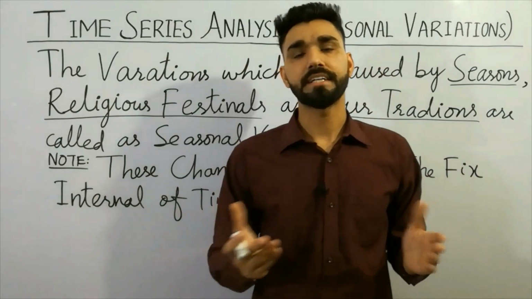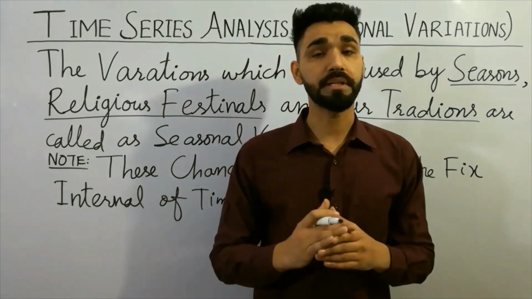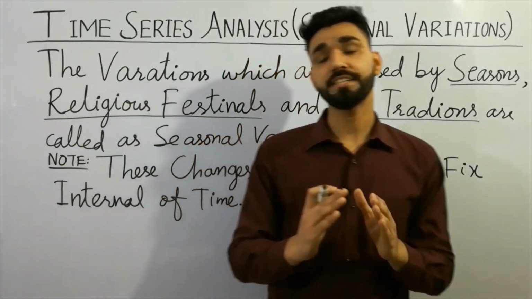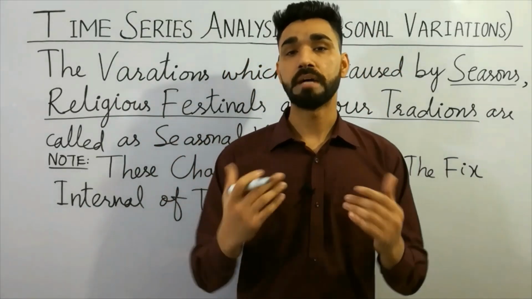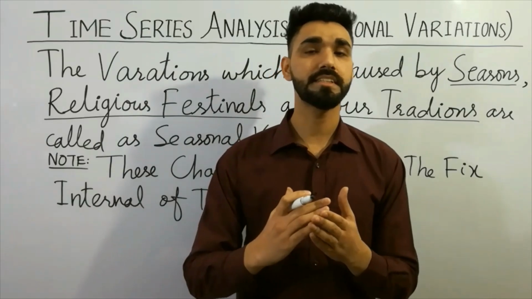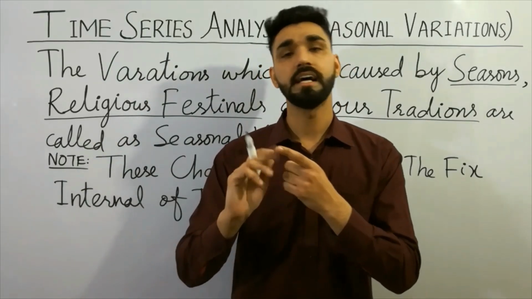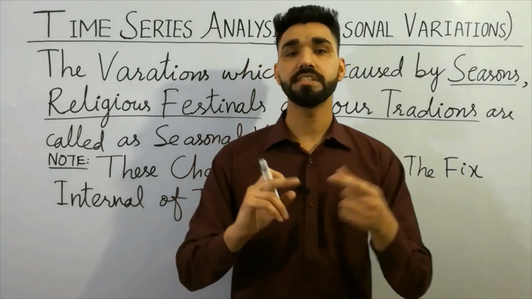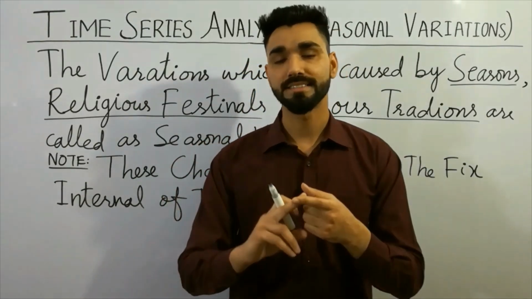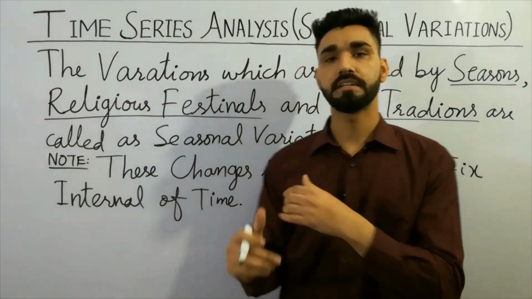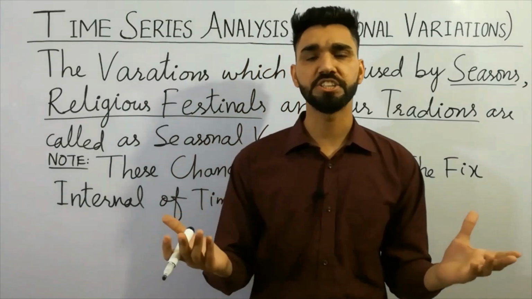Let's suppose that we have a past year, I again repeat here, 2022. In 2022, we have many seasons: winter season, summer season, autumn season. This is the first point. The next, religious festivals: Eid ul-Fitr, Eid ul-Adha, Diwali, Christmas, and the last point is marriage traditions.